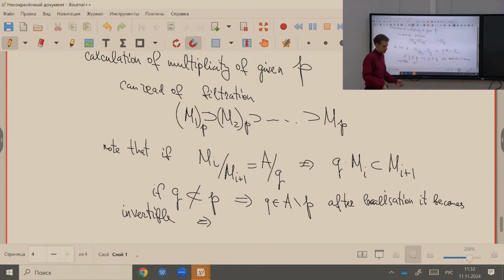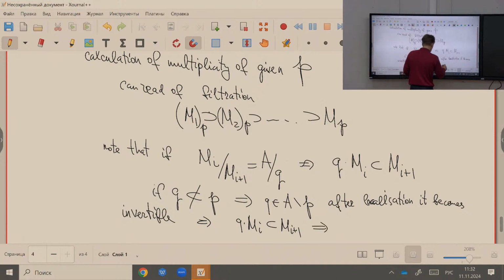So this means that if you take q times m_i, this is a subset of m_(i+1), and you have the converse containment. So this implies that m_i in the localization is equal to m_(i+1) after localization.